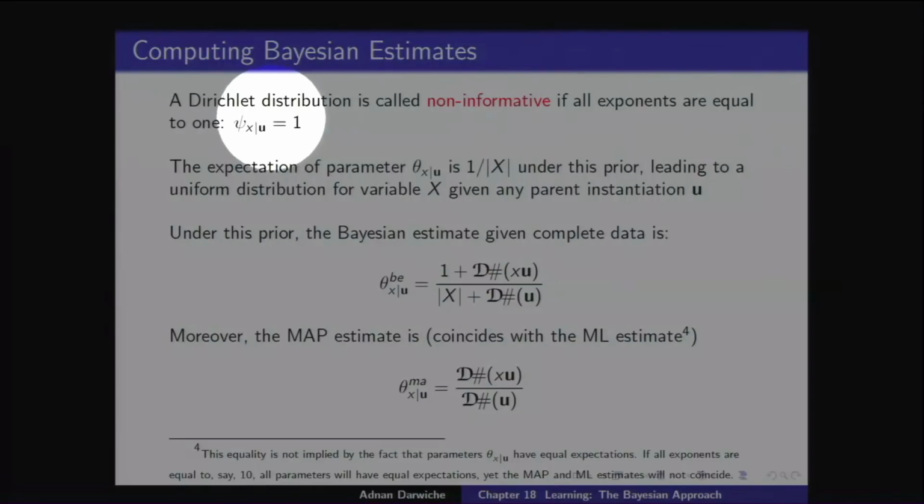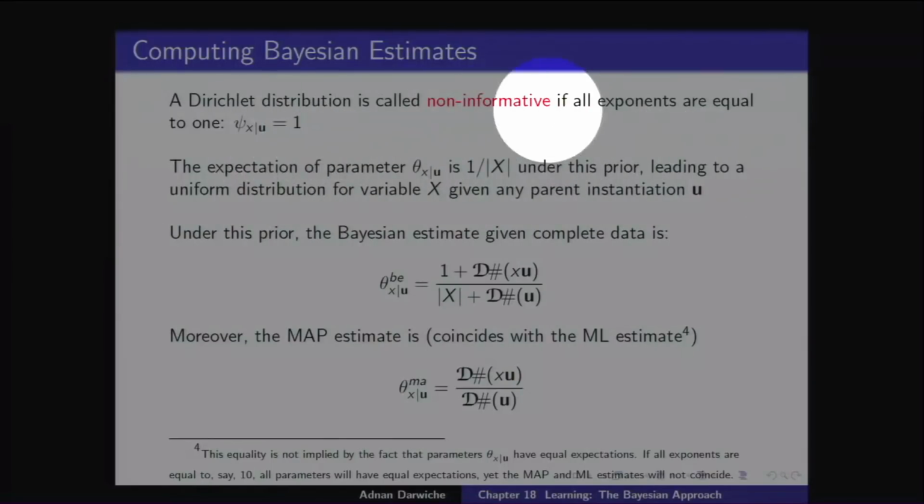What happens in this case? The expected value of a parameter is just 1 over its cardinality, right? So if you had a binary variable, that'd be half and half. A variable that has 3 values, 1/3, 1/3, 1/3. That would be the expected parameter set.